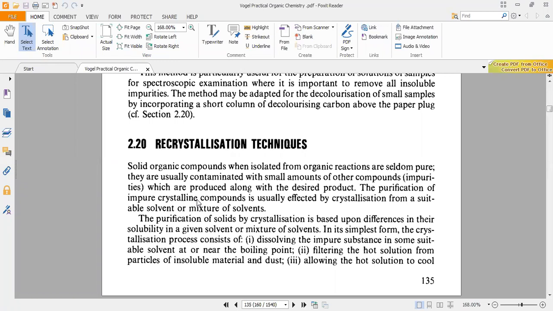Second, evaporation of the solvent is facilitated. Water has a boiling point of 100, while methanol's is 73 to 74, so they form an azeotropic mixture with a boiling point around 80 to 83.